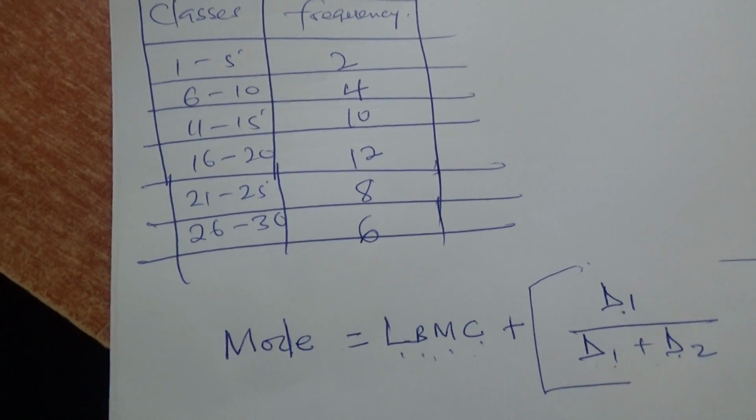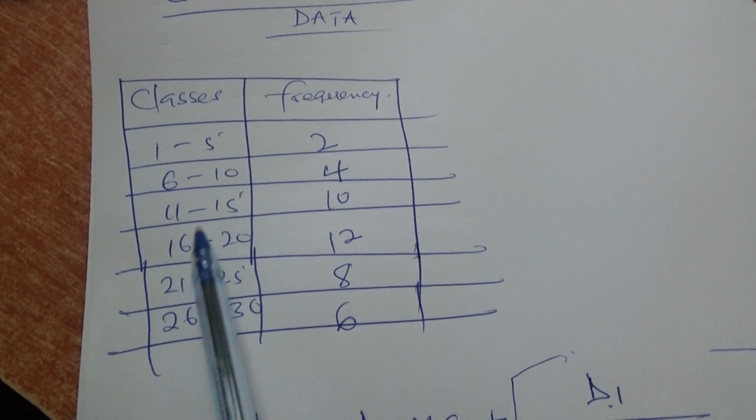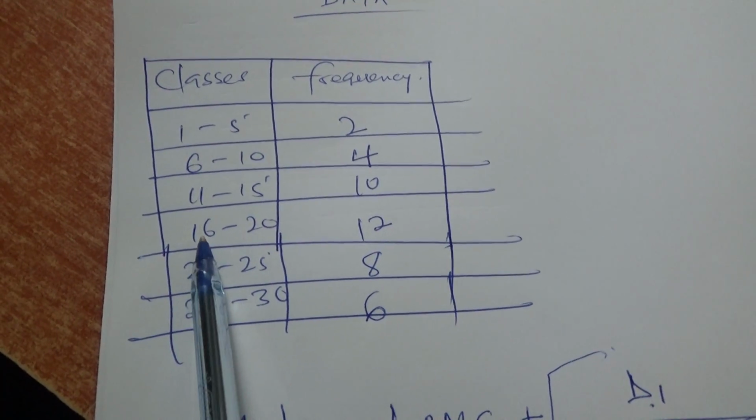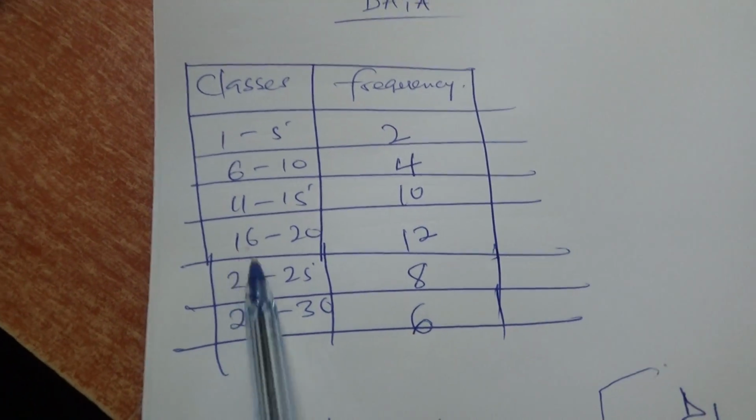Okay, so the lower boundary of the modal class is going to be this 16 minus 0.5.